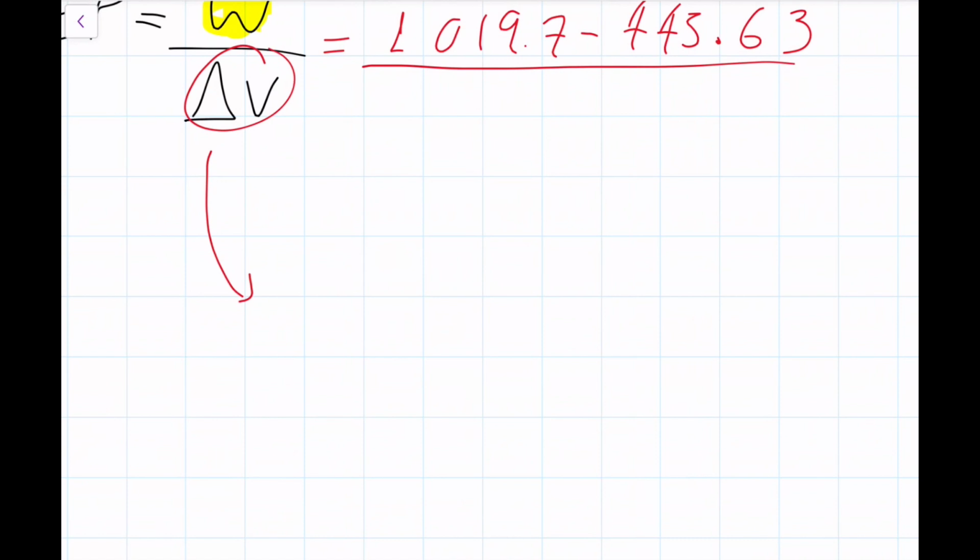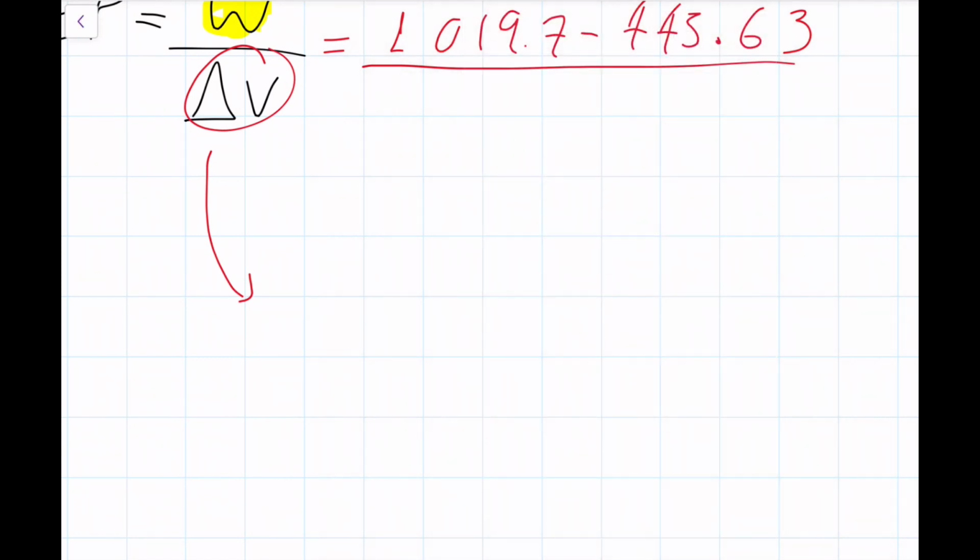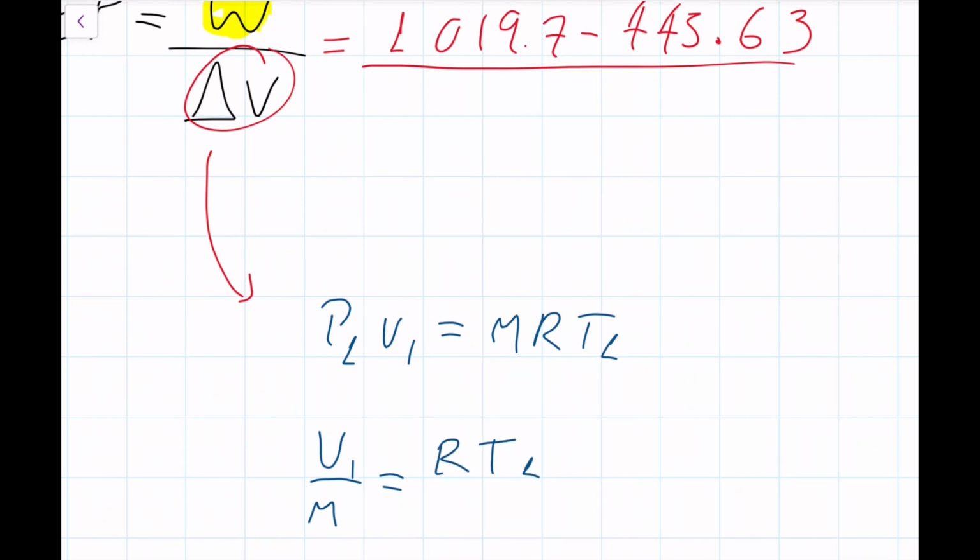So let's find our V1 first. Let me change colors. Let's do blue. Okay, so I know P1 V1 equals mRT1. This is air, so V1 over mass is going to be RT1 over P1. R, you could have memorized already, but you can go on table A2 and grab it if you forgot what R is for air.